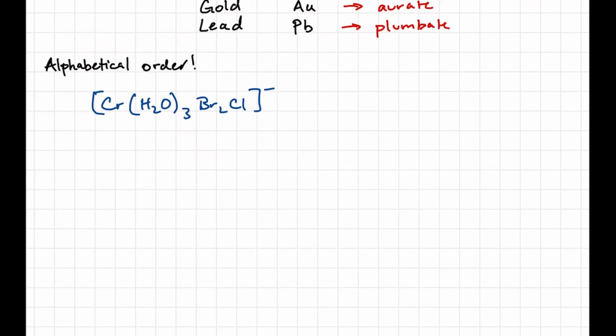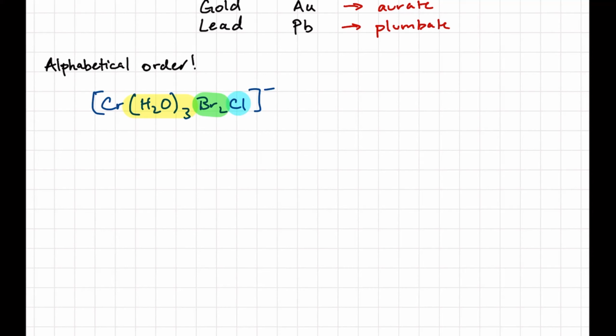So for alphabetical order first, or for nomenclature in general, what I like to do is just break up all the pieces first. What I mean by that is, that's one piece, that's one piece, and that's another piece. After this, we can start breaking it down and saying, okay, what are these ligands called?